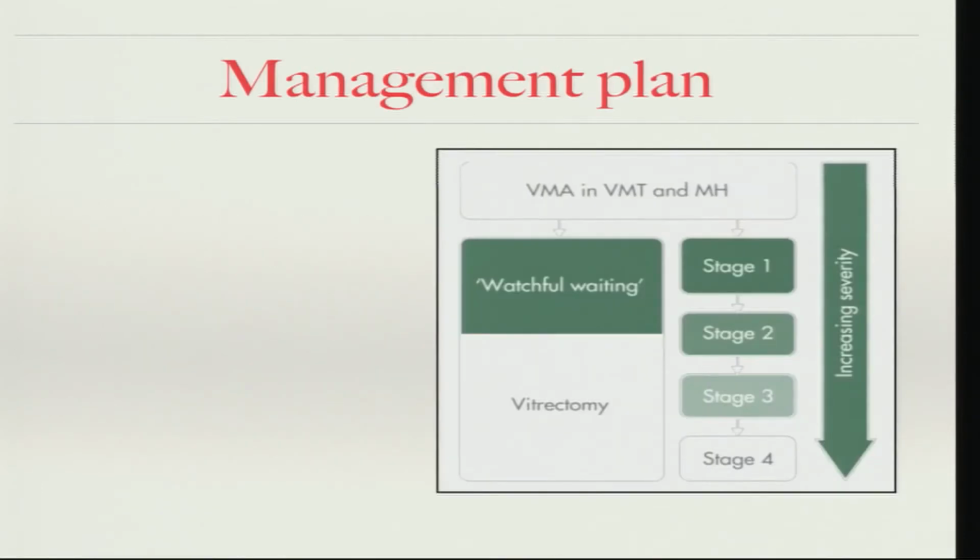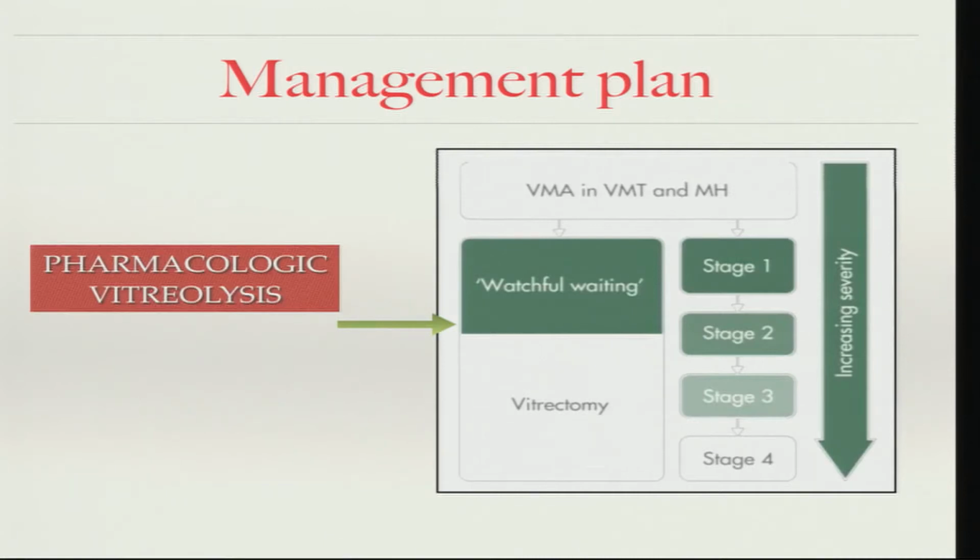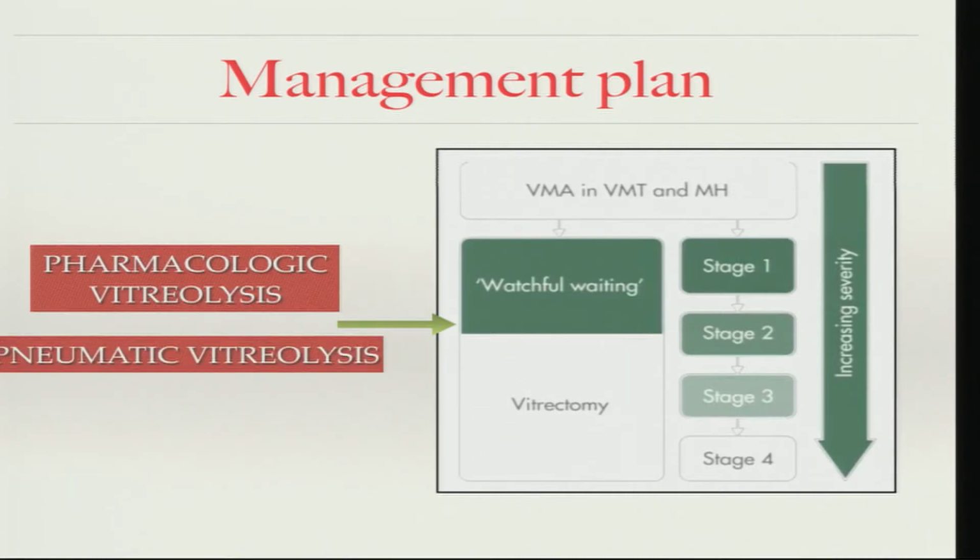So when you talk about management, primarily it is either watchful waiting, or most of us stoop down and go into vitrectomy. But there are some things we can do between them: pharmacological vitreolysis and pneumatic vitreolysis.